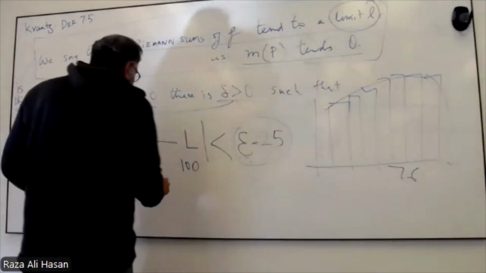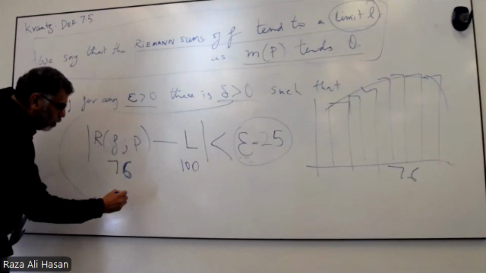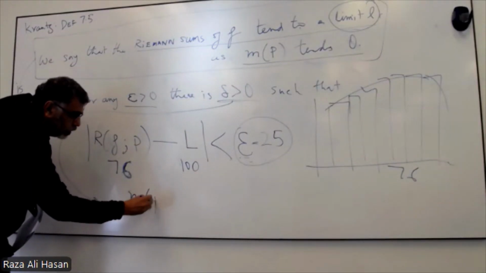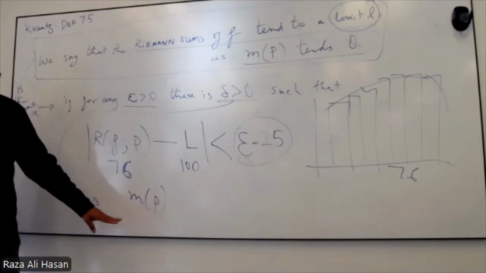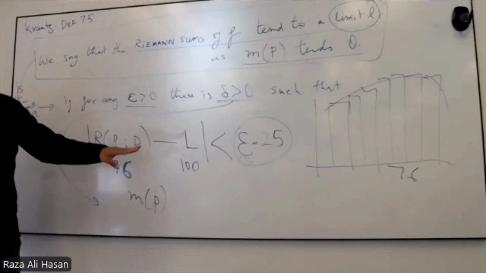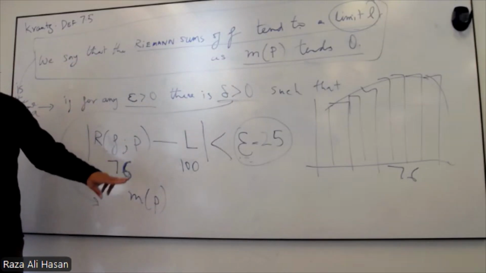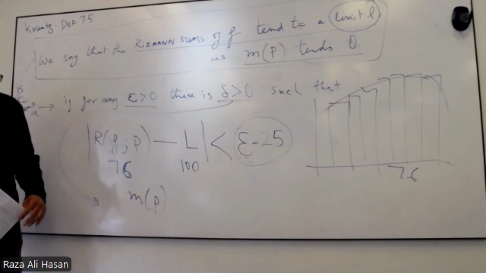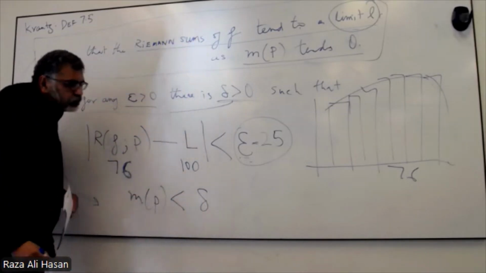And so we write here, let's see, M of P, the length of the widest rectangle base, should be less than delta.